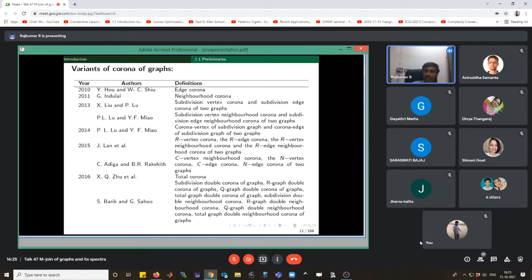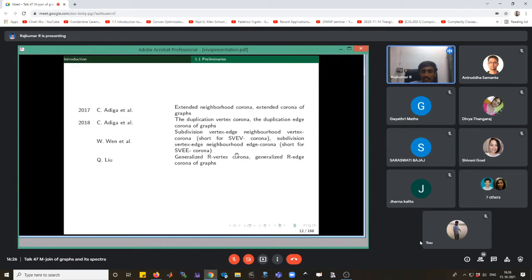Then we take m copies of a graph H. That is, corresponding to each edge of the graph G we take one copy of H. Then join the two end vertices of each edge of G to all the vertices of the corresponding copy of H. So the graph obtained by this kind of construction is known as the edge corona of G and H. A similar type of construction is made by several others. So these are the variants given here.